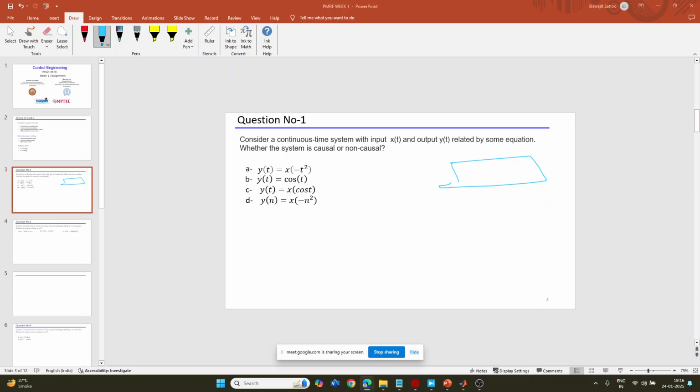So the system is defined by mathematics. You have to find what the output is, what the input is, and the relation between them. That is called a system. Inside the system, based on the input and output, you have to find the relation between them, and that is defined by the model.